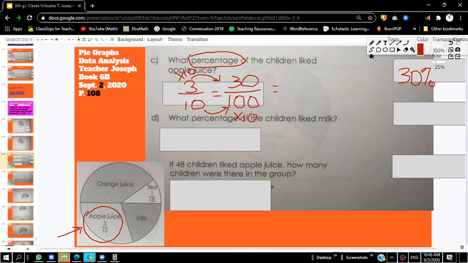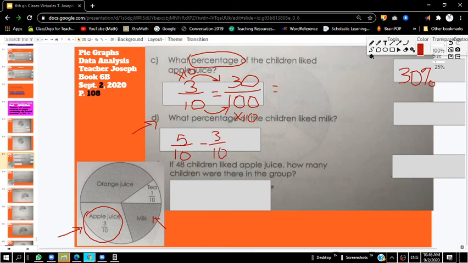What about letter D? Letter D says, what percentage of the children liked milk? Well, this one we don't know the fraction, but we can try to figure it out by taking 5/10, which is just the half, like we talked about before, minus the apple juice, which is 3/10.